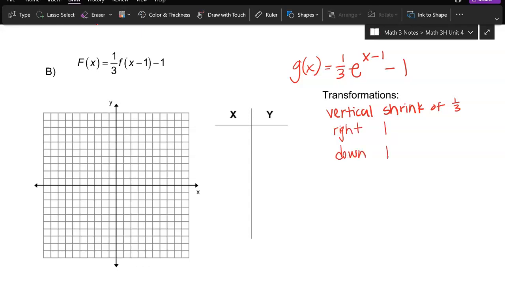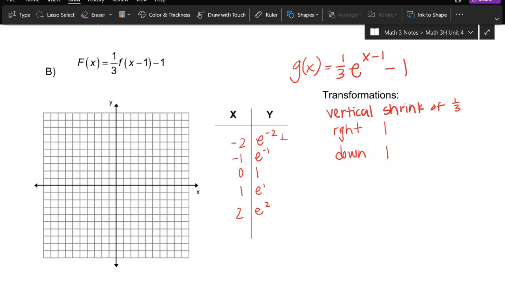So our same points here, so 0, 1, negative 1, e to the negative 1, negative 2, e to the negative 2, and then 1, e to the 1, 2, e to the 2. All right. So now we are going to be applying our shifting.